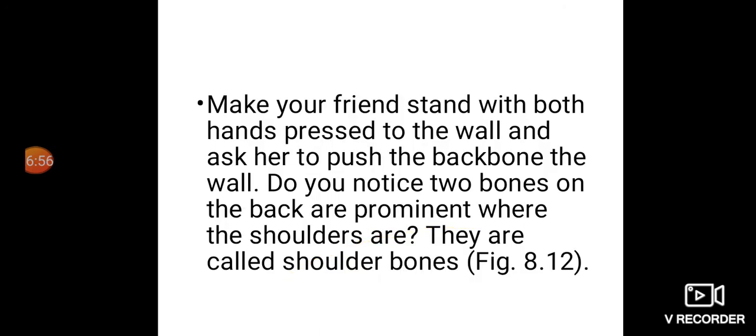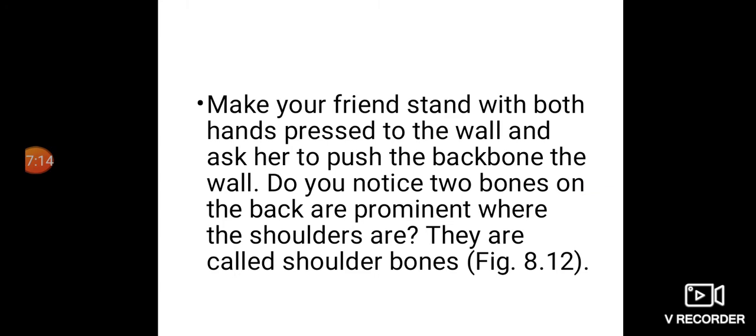So the vertebral column, how many vertebrae are there? 33. Now next, make your friend stand with both hands pressed to the wall and ask her to push the wall with her back. After that, what do you notice?